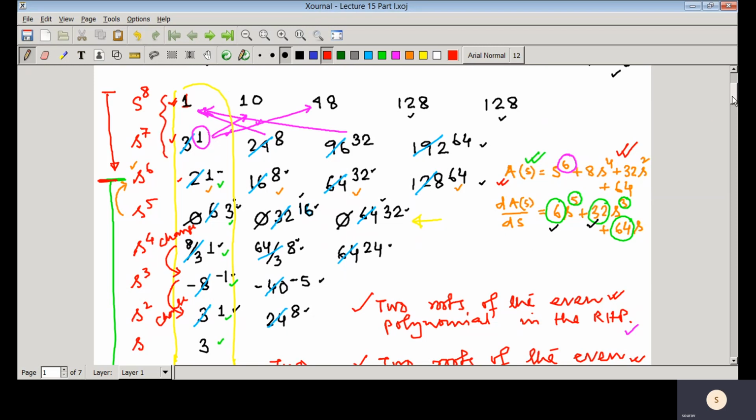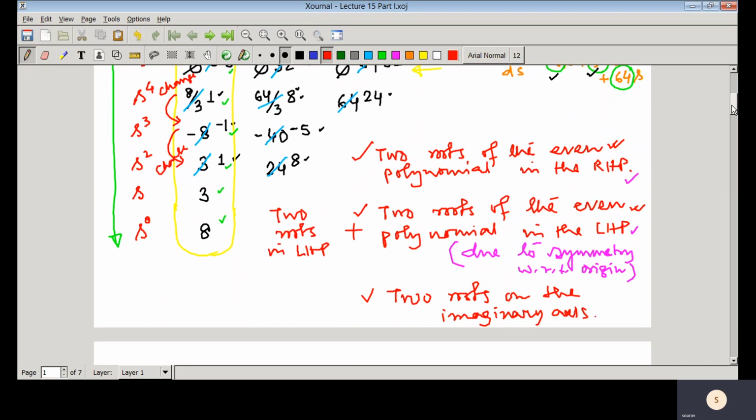So finally what happens? Finally we can see that four roots in left half plane from here, two in right half plane and two on imaginary axis.